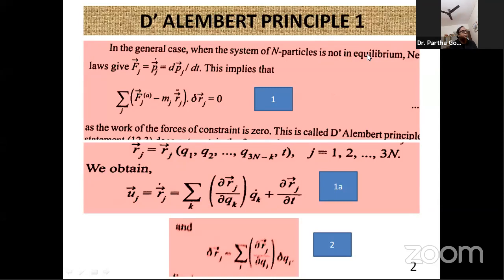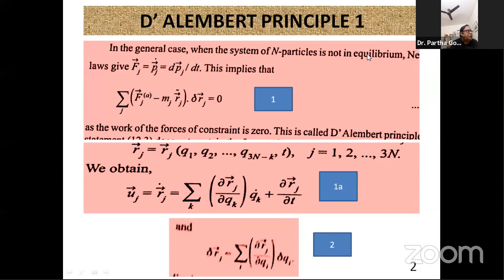In a non-equilibrium situation, when external forces act, the position vector of each particle is a function of these generalized coordinates q1, q2, and so on, and of course the time.